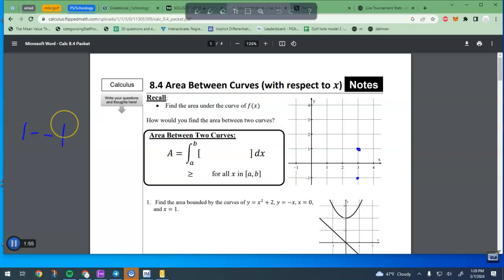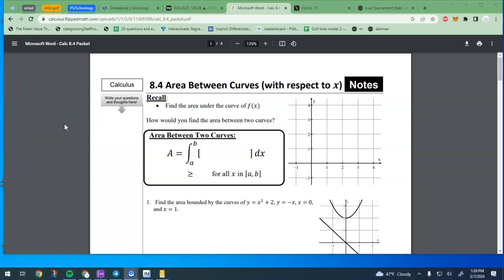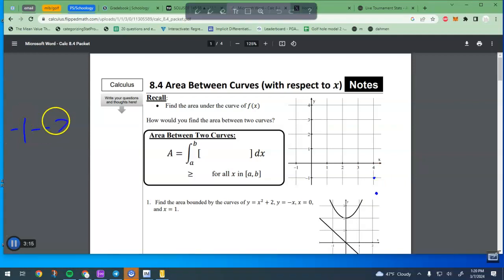Isn't that top minus bottom? 1 minus negative 1 is 2. And even with negatives, if you had negative 1 and negative 2, how far apart are those? Negative 1 minus negative 2. They're 1 apart from each other. So top minus bottom will always give you that distance.